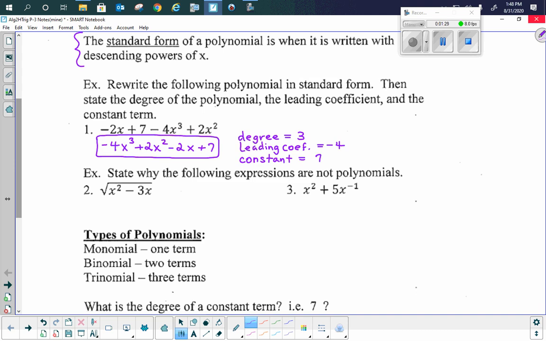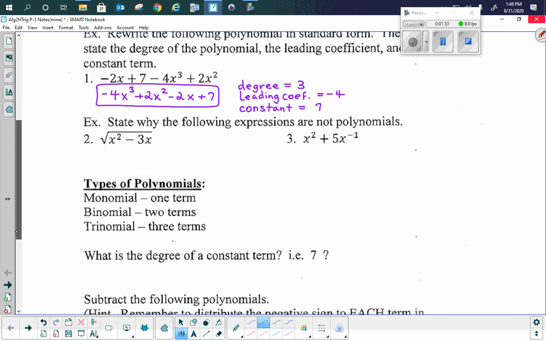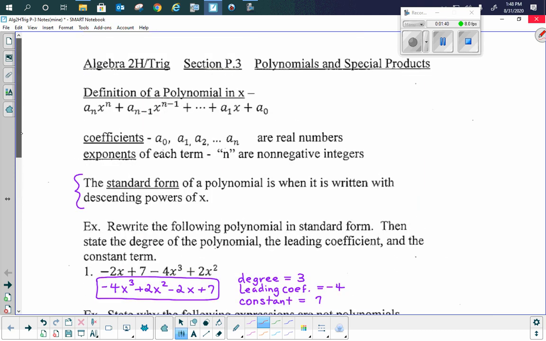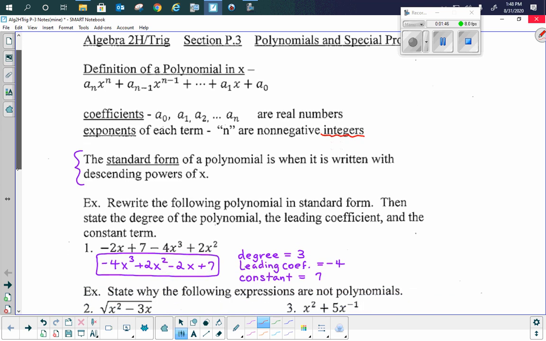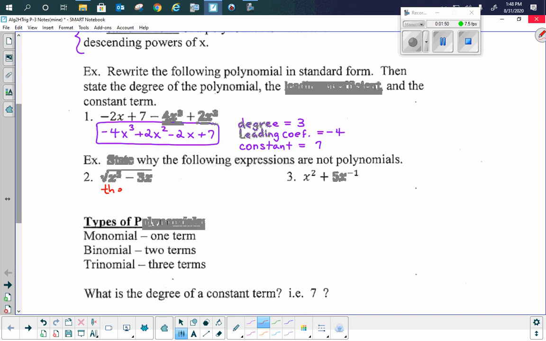Stating why these would not be. So the second one, not a polynomial, basically because of the root symbol, because you would not have, like it says, non-negative integers for the exponents. So basically the root symbol is the issue here.